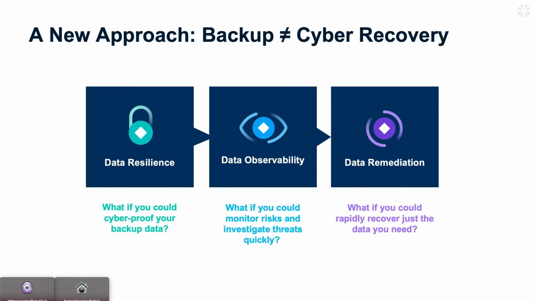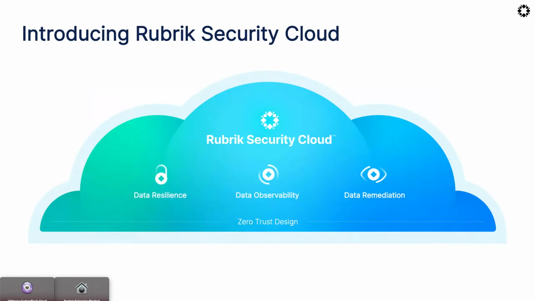And then data remediation, both surgical data recovery and mass or granular recovery to rapidly restore your apps in the enterprise, your files, your objects, while at the same time looking to avoid malware reinfection that can be a risk when you're restoring from a compromised backup of your data.